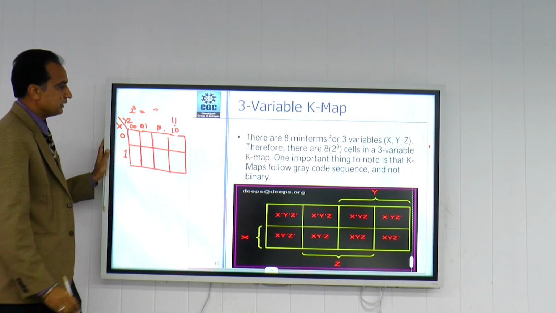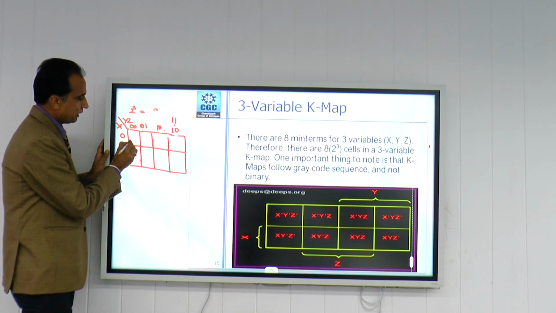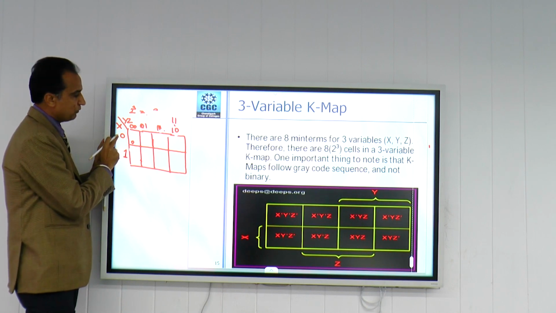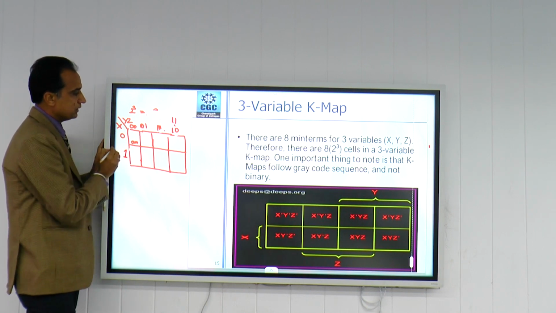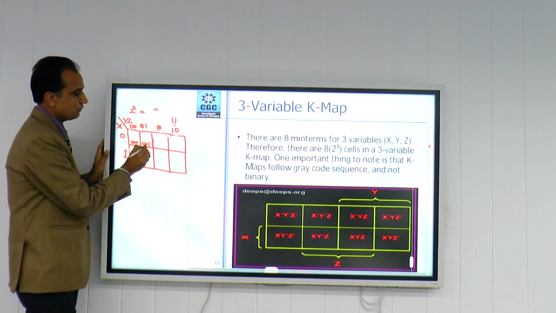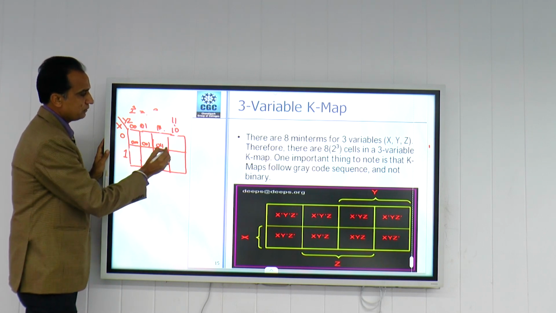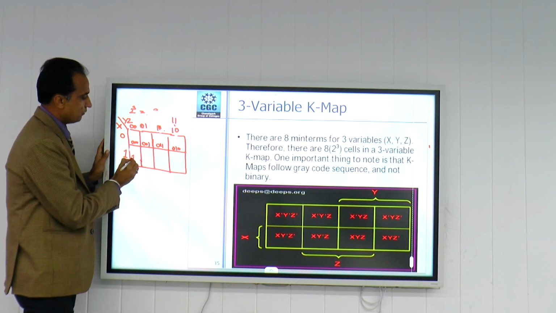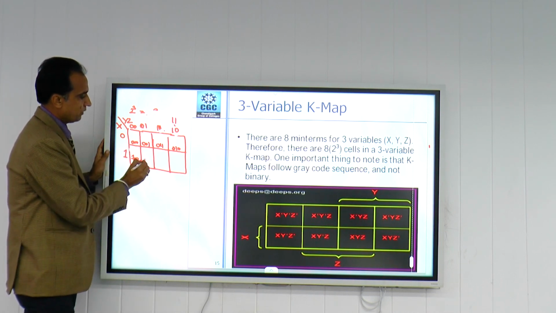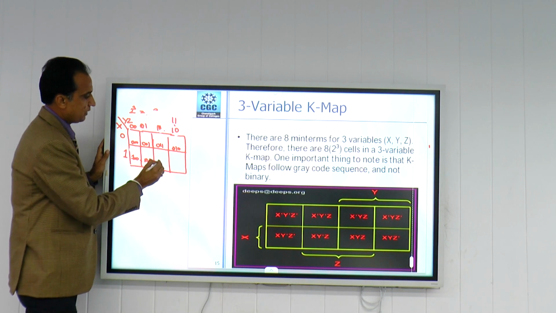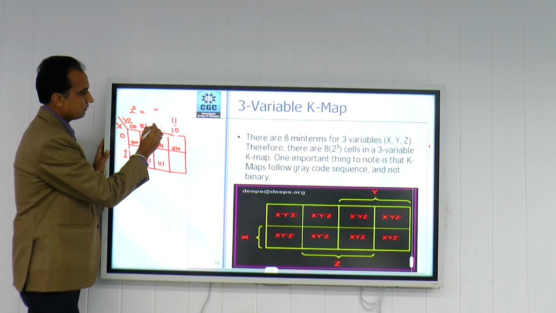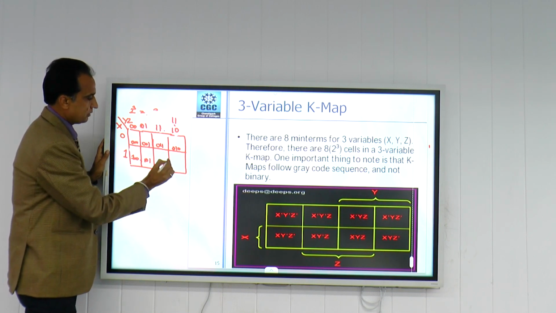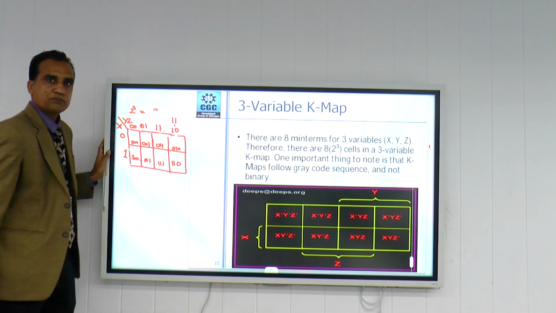Now how do we represent the minterms? If we write the x value first and then the y z value: 0 with 0 0, 0 1, 1 1, 1 0, then 1 with 0 0, 0 1, 1 1, 1 0.